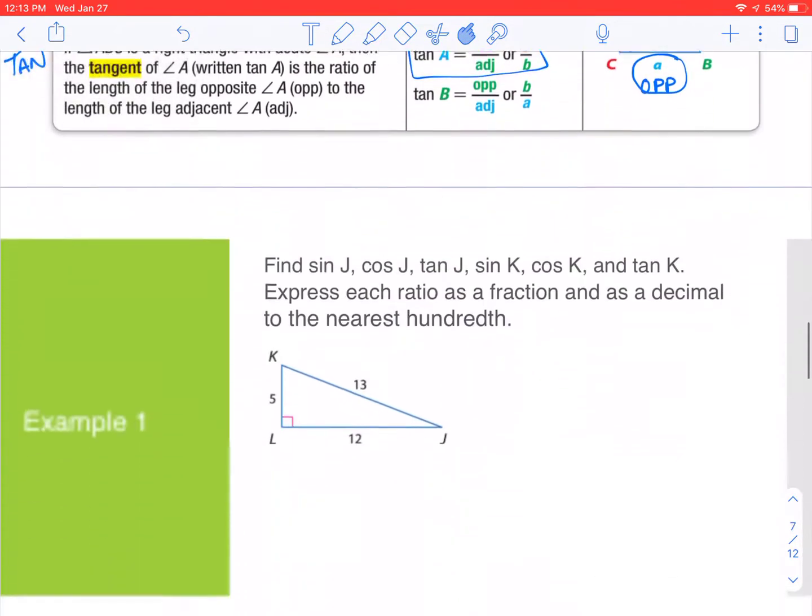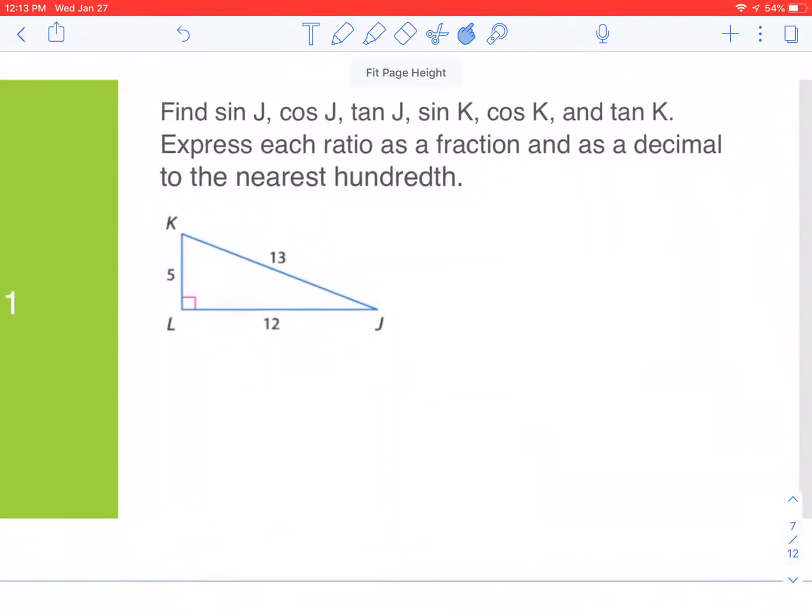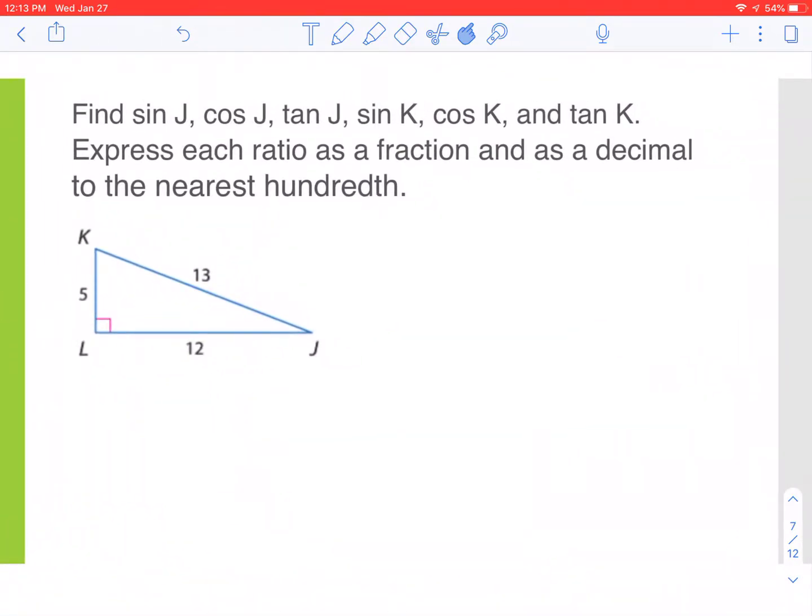Let's put these into practice. Okay, we're just going to do finding the sine, cosine, tangent of J. So I always like to start out and circle my angle. Sine of J. What's the sine of J?